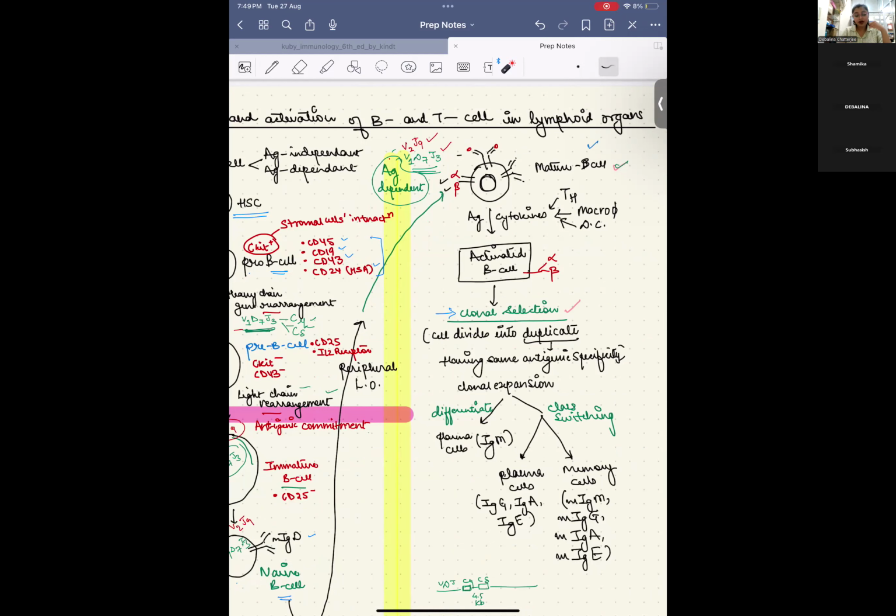So once your antigenic selection is happening, activation is happening. Again, remember in the process of activation, we have a role of T helper cells. When the T helper cells are coming in, they are going to produce cytokines. These cytokines from other places in your peripheral tissue are going to attract the cells of this particular combination to reach the site of antigenic challenge.